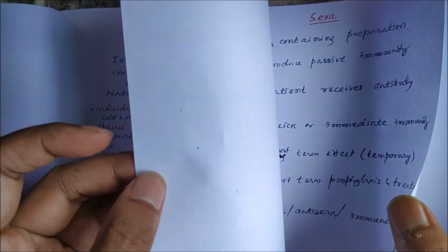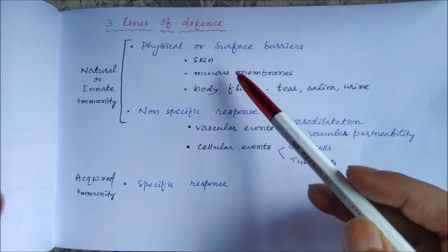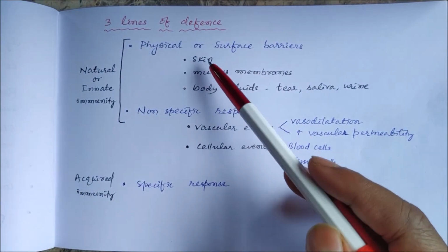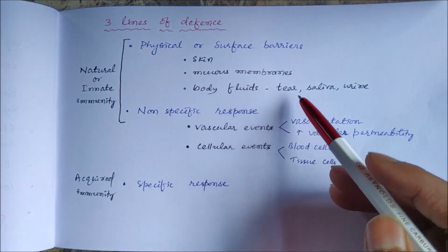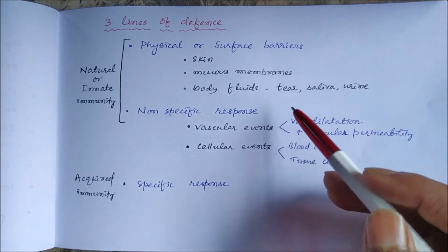And there are three lines of defense. The first line is the physical or surface barrier like skin, mucous membrane, body fluids like tear, saliva, urine.